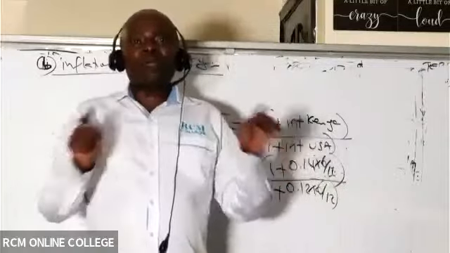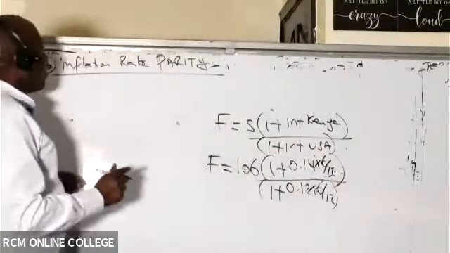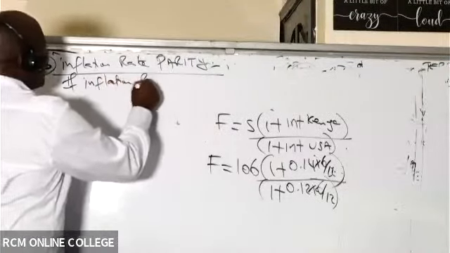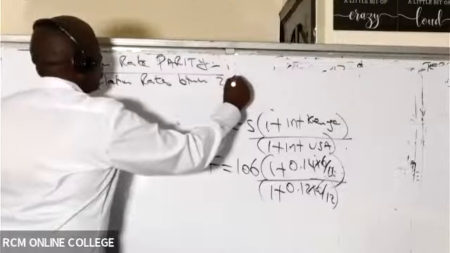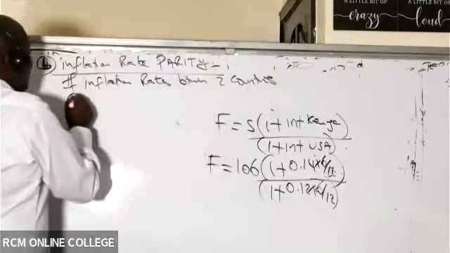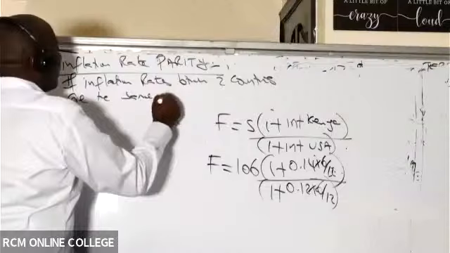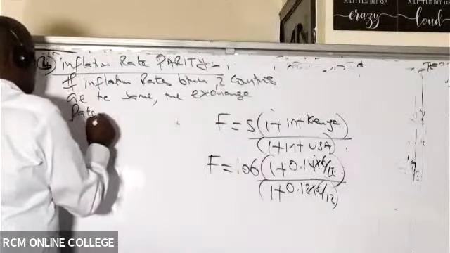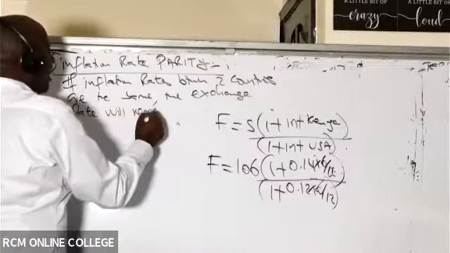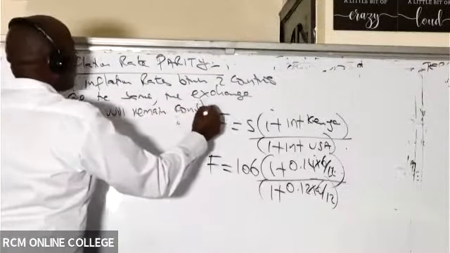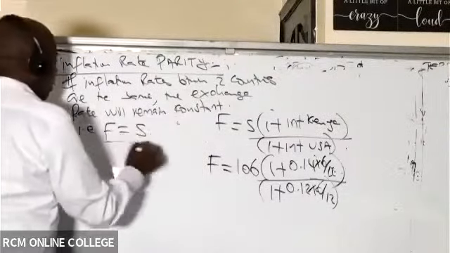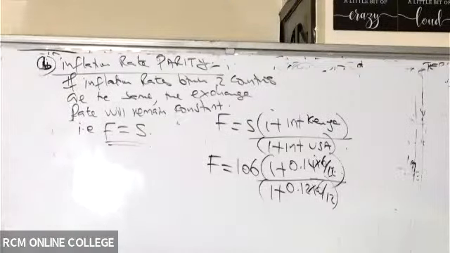So if inflation rates between two countries are the same, then the exchange rate between the two countries will remain constant, i.e., the forward exchange rate will be equal to the spot exchange rate.